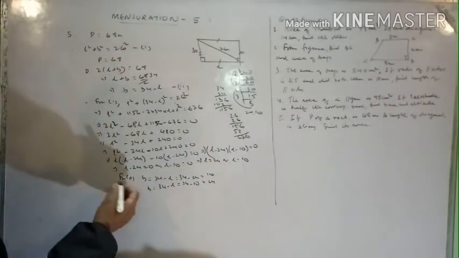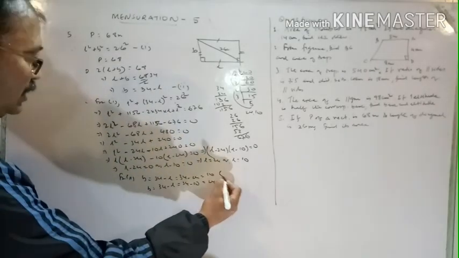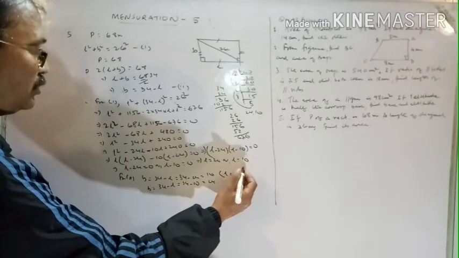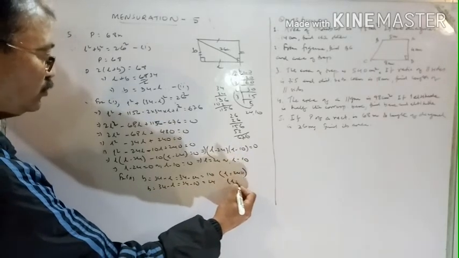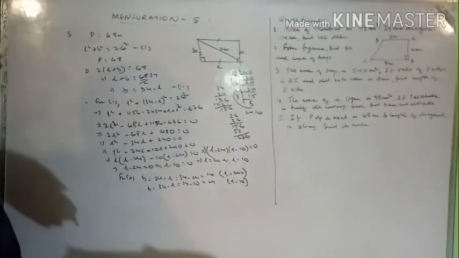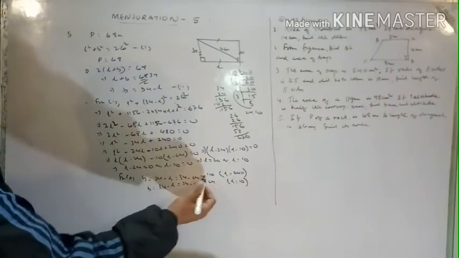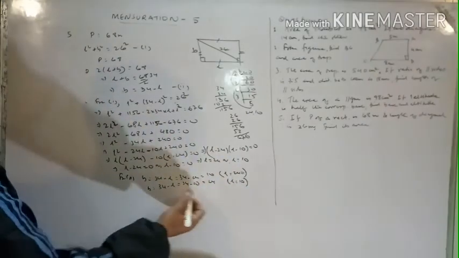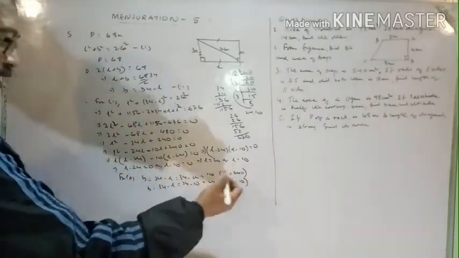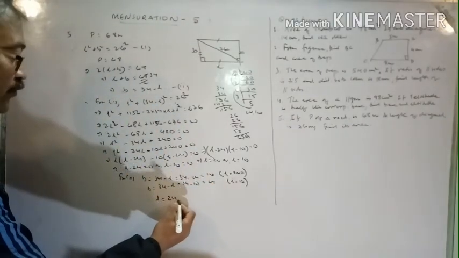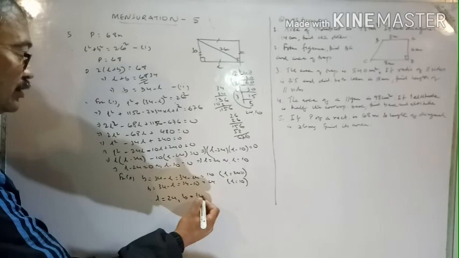So when length is 24, breadth is 10, and when length is 10, breadth is 24. Normally length is more than breadth, so we take L equal to 24 and B equal to 10.